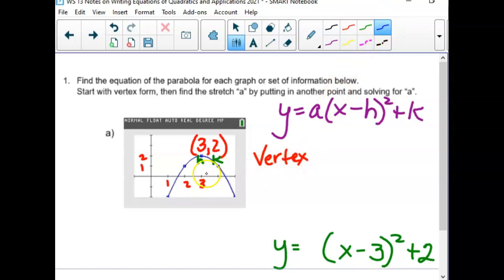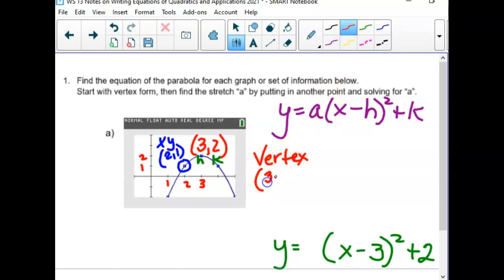But what you have to do to find that stretch or A value is plug in one of these other points. So if we use this one right here, that looks like 2, 1. We're going to plug that value in for an X and a Y. If we plug all of that in up here, we should be able to find A because A will be the only thing remaining. All right, let's try it.